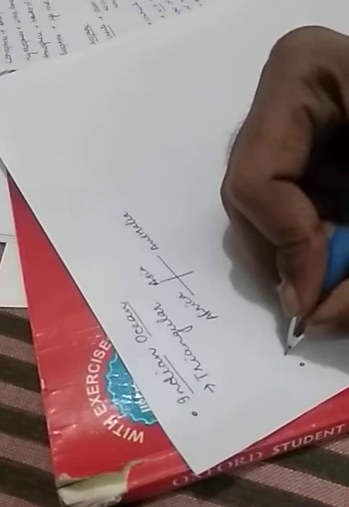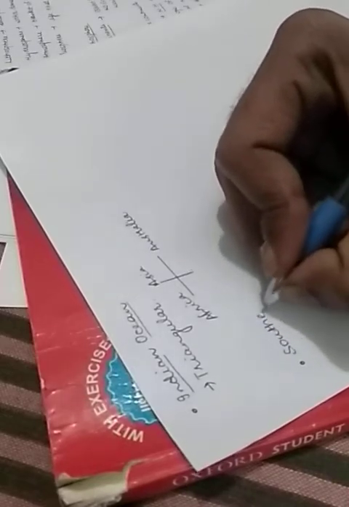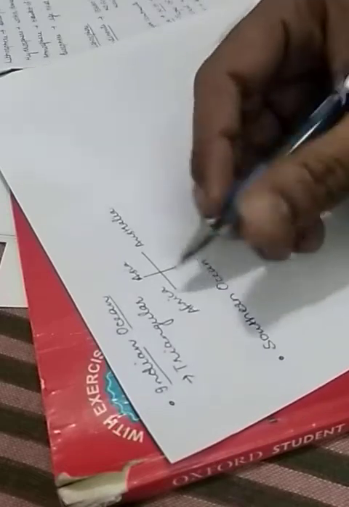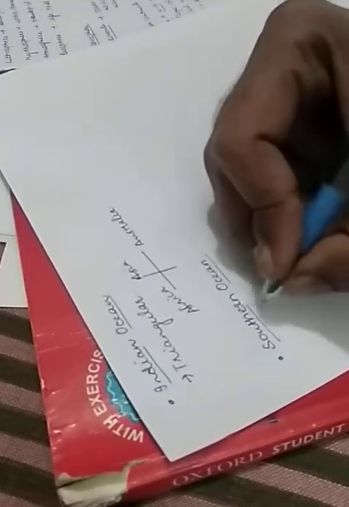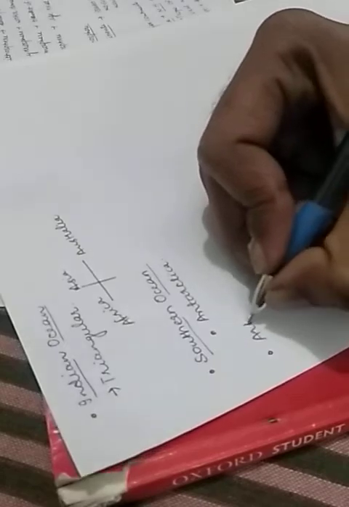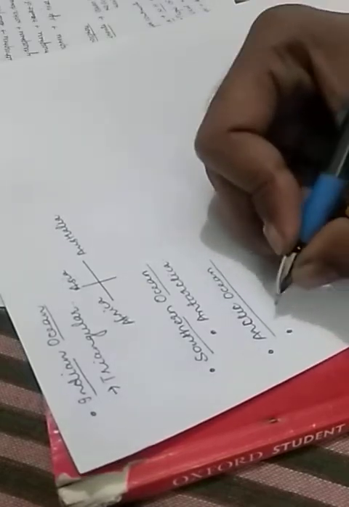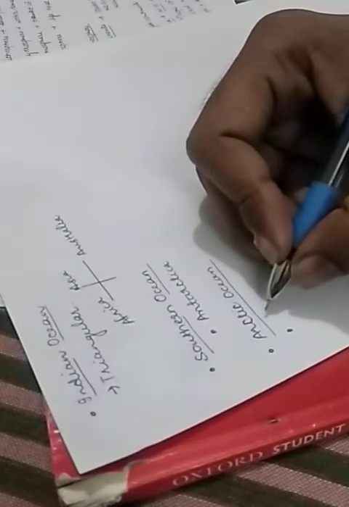Now Southern Ocean. Earlier it was called Antarctic Ocean. Surrounds continent of Antarctica. Now the next ocean is Arctic Ocean. It lies within Arctic Circle and surrounds the North Pole.